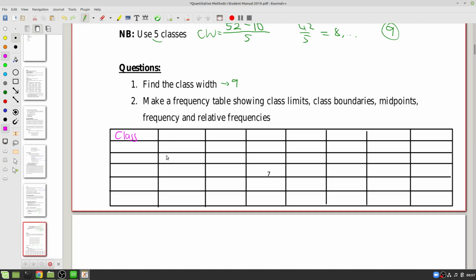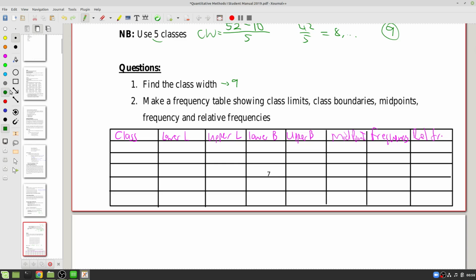Then we're going to have a lower limit, upper limit, lower boundary, upper boundary, midpoint, then our frequency and our relative frequency.